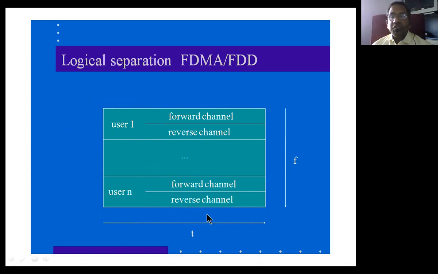Whenever they want to transmit, they transmit only in the appropriate frequency channel. Here channel means what? We know bandwidth, the range of frequencies, right? The range of frequencies is known as a channel for us. So here certain channels are used for certain users. That is what is called the FDMA, FDD technique.